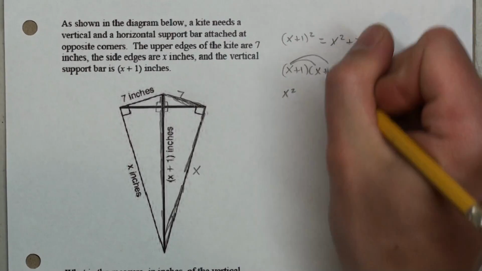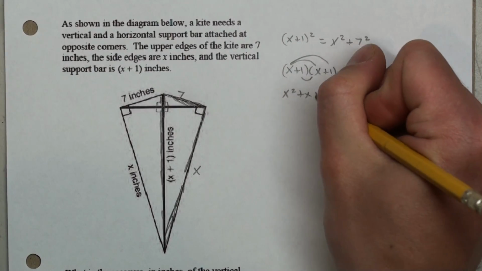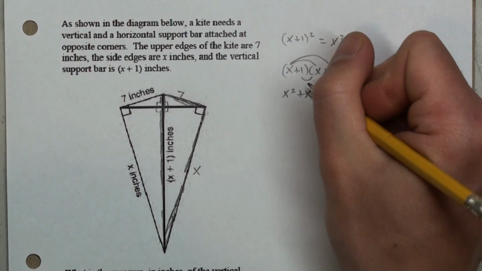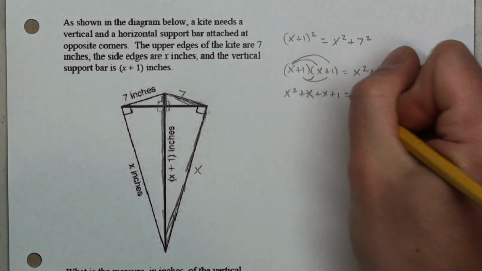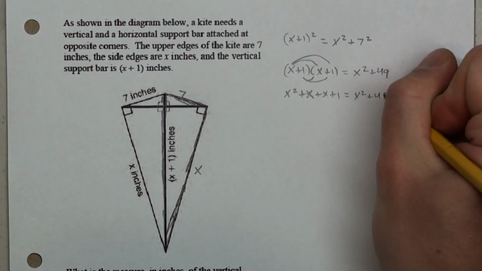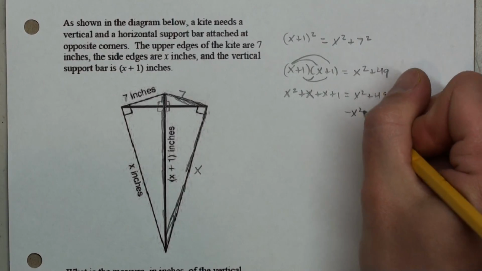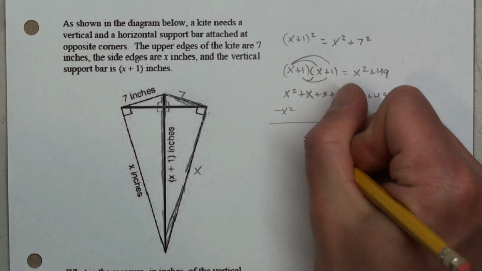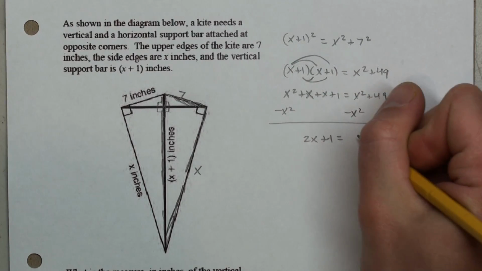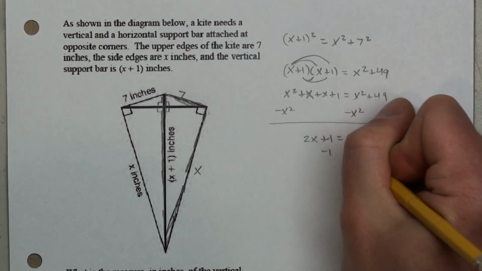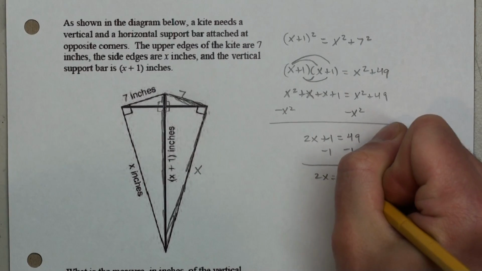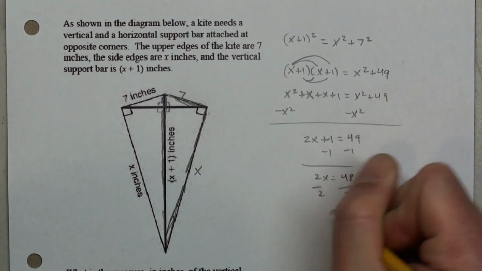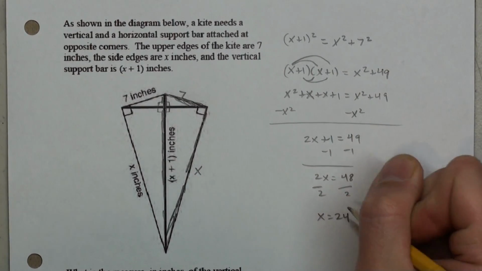X squared plus 2x plus 1 equals x squared plus 49. Subtract x squared, that's nice, that makes the problem much easier. So we have 2x plus 1 equals 49, subtract 1, 2x equals 48, divide by 2, x equals 24.